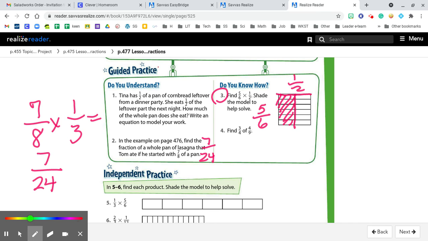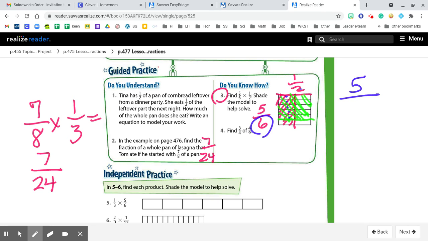So we'll pick a different color, and we'll say 5/6 is going to be this whole section here in the rows. So the overlap will be 1, 2, 3, 4, 5 out of altogether. 6 times 2 is 12 altogether. So it'll be 5/12 altogether.